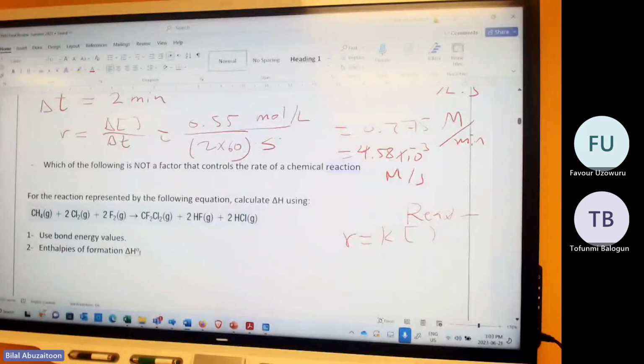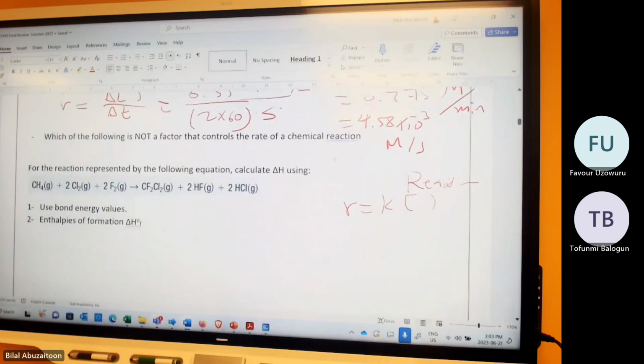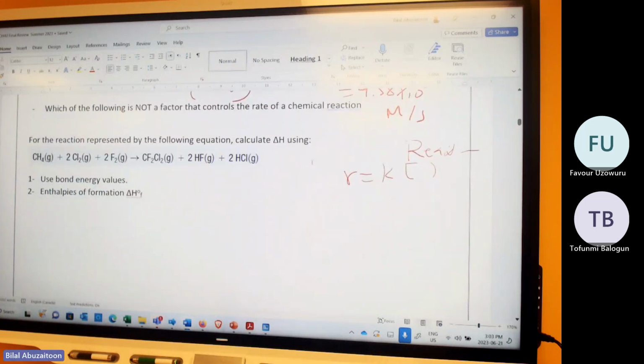Yes: chemical nature of reactants, concentration of reactants, temperature, surface area, catalyst. That's five. Pressure, as was said, if in case all are gases, could be yes. So other than these 5 or 6 factors, nothing else affects it.